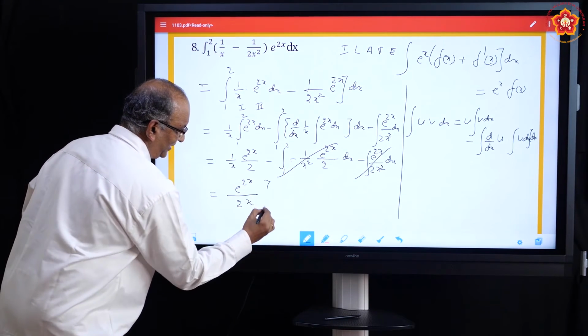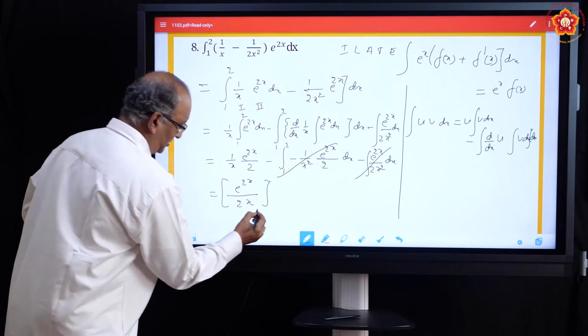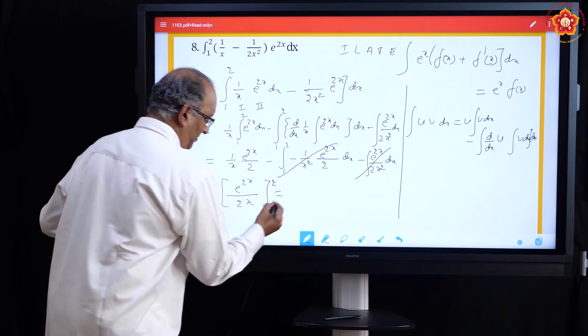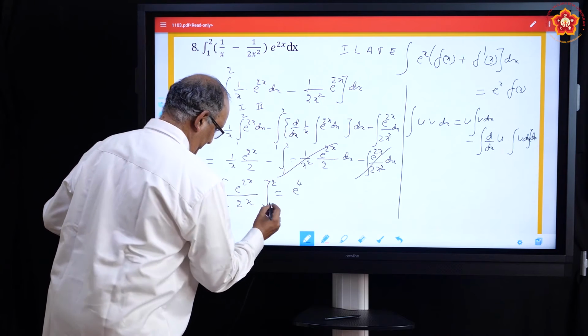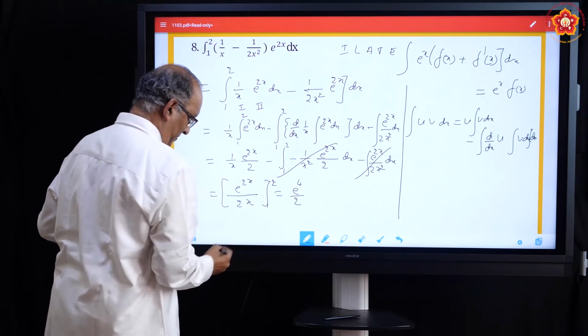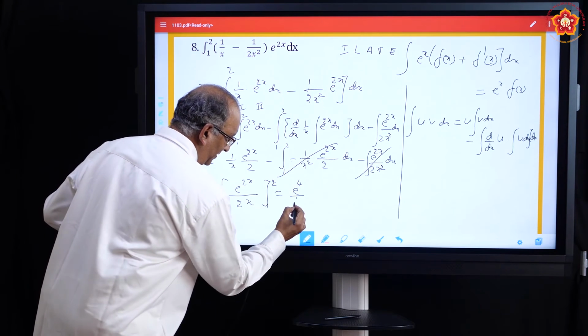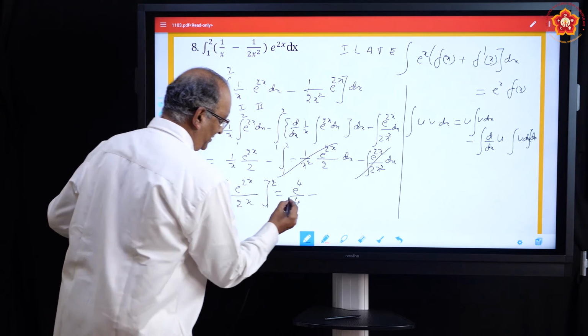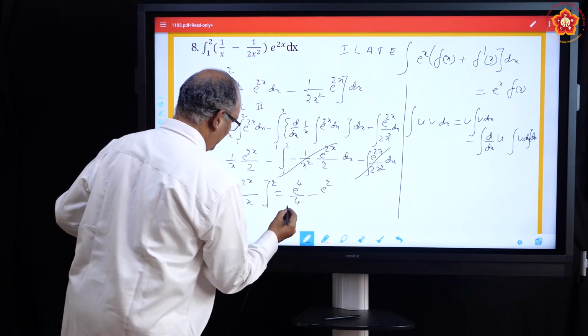And remember, we have to write the limits. What are the limits? 1 to 2. So first substitute upper limit. It will become e to the power 4 by 4, minus, now substitute lower limit 1, it will become e square by 2.